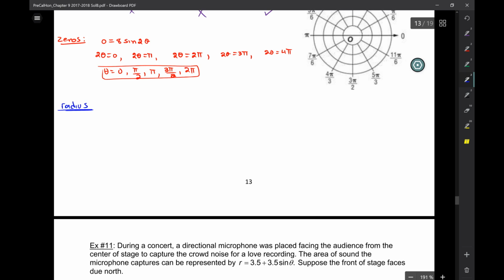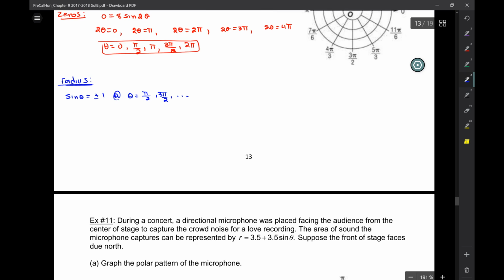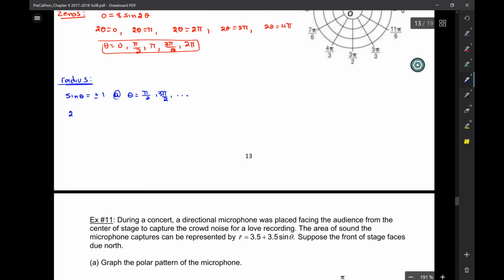Right. So let's do the radius. Sine of theta equals plus or minus 1 at theta equals what and what? Right, the pi over 2's. So here, the angle 2 theta is going to equal pi over 2, 3 pi over 2.